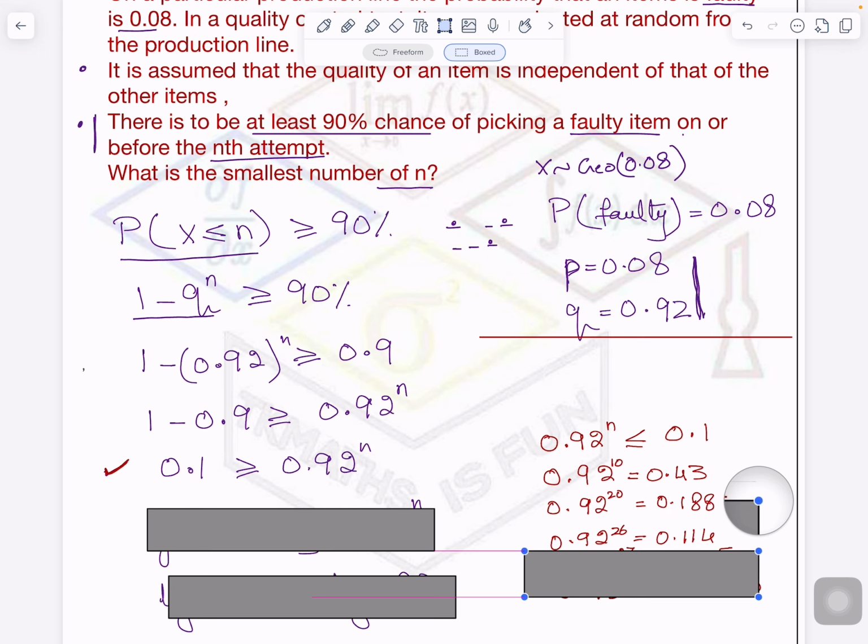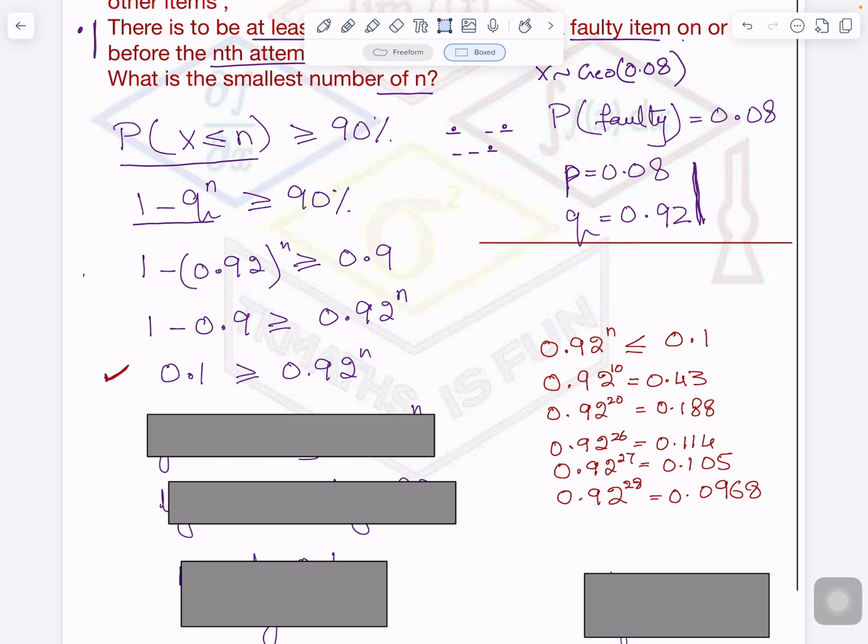It is decreasing. I want it less than 0.1. So when I go to 28, then the answer is less than 0.1. So the trial and error method helps you identify which power will give you less than this. And you need to be good at applying this.